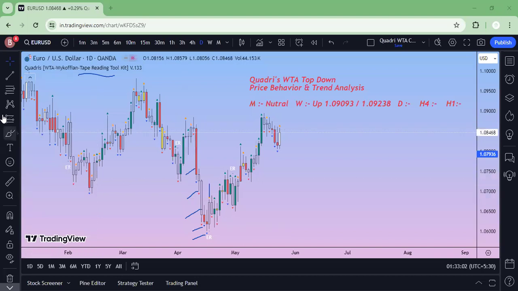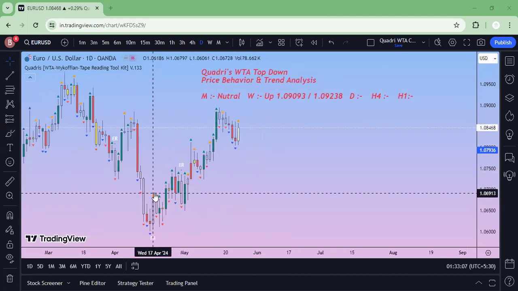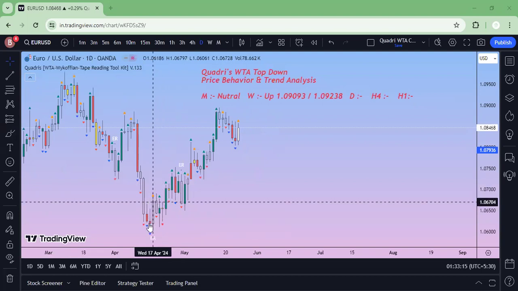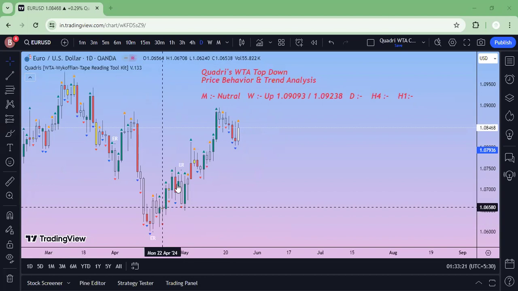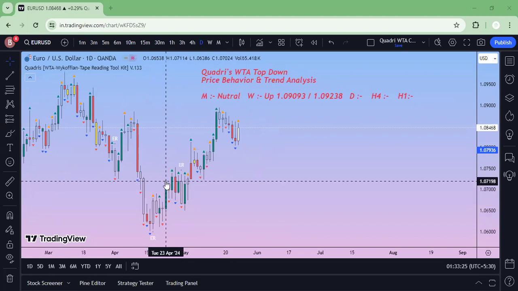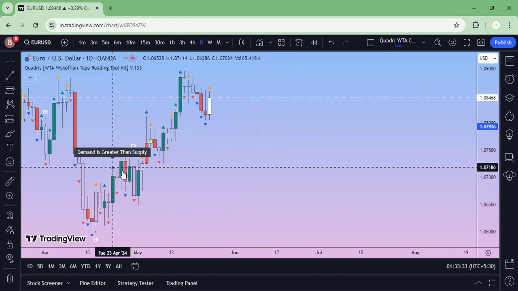If you hover your mouse over this triangle, you can see this is a weak demand or expected upward price flow. So if this bar prints after this kind of move, then there is a high probability that in the coming session we would be getting a strong demand greater than supply kind of bar.